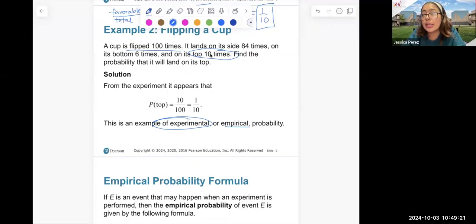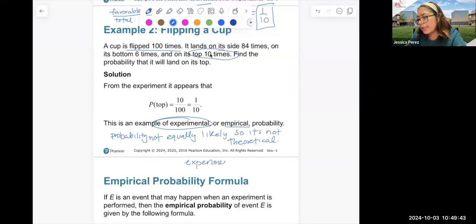They're not equally likely. So the probability is not equally likely. So it's not theoretical. It is actually experimental. It depends on the experiment, right?